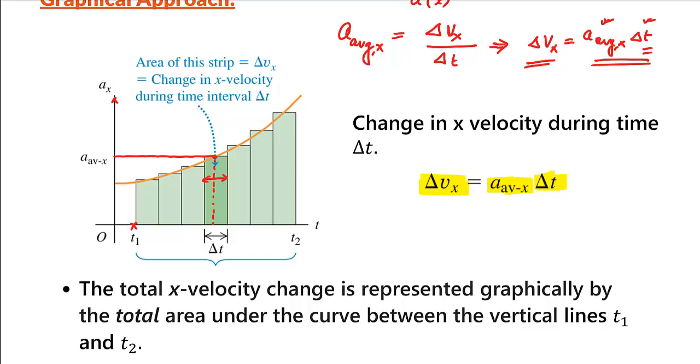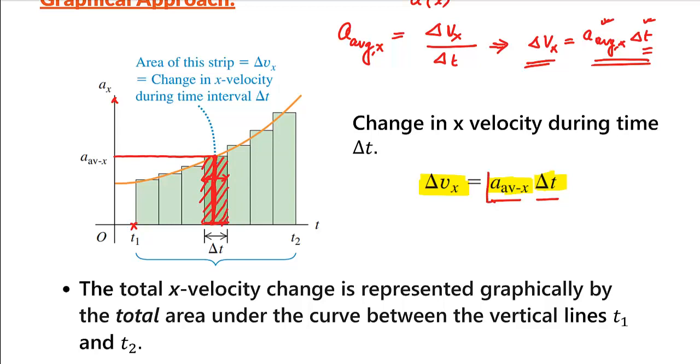Now what does this term mean graphically? This is average acceleration multiplied by delta t. The average acceleration is the height, and delta t is the width. Height multiplied by width is nothing but the area of this rectangle.